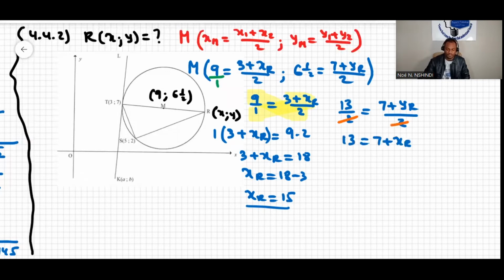And then I move the 7 over, and this will be 13 minus 7 equal to yr, and that makes 6 equal to yr. Therefore, the coordinate of R is 15 and 6.